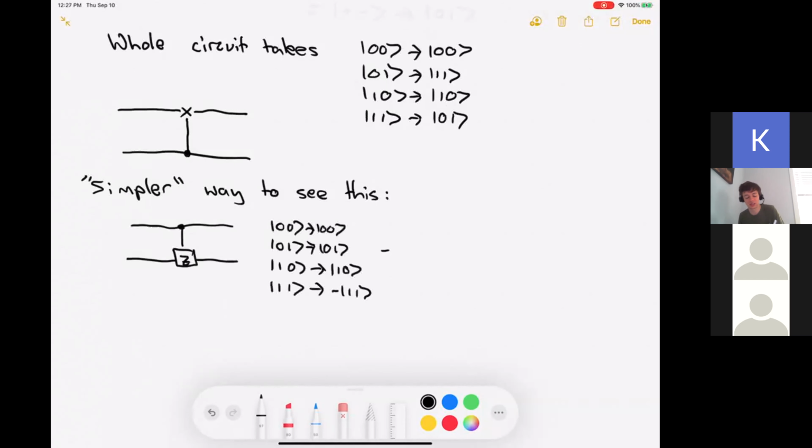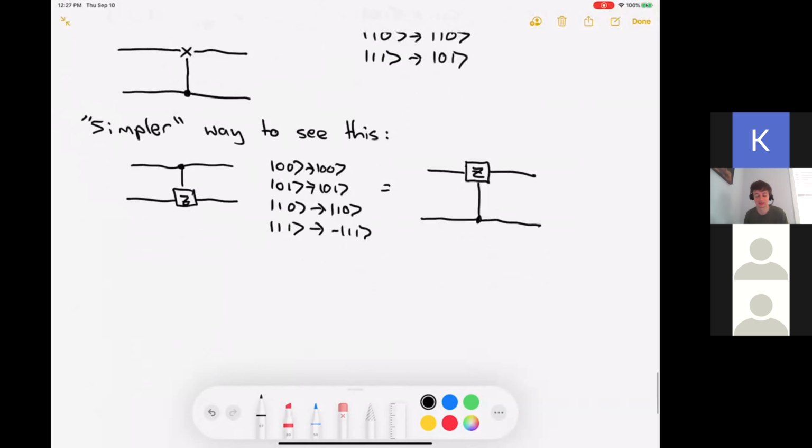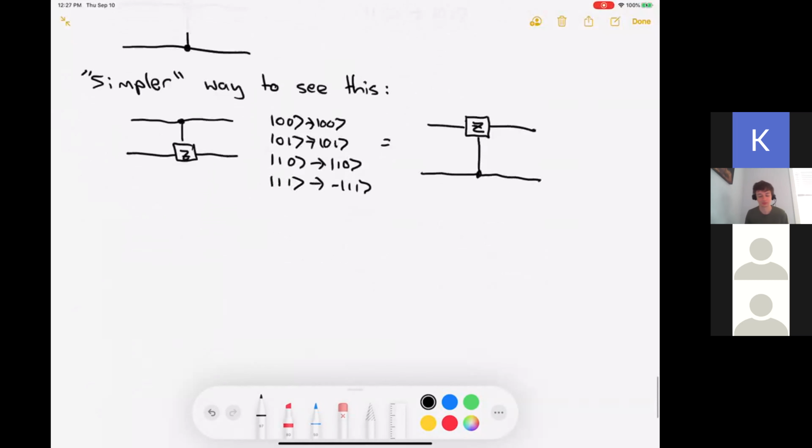Anyone notice anything about this? Well, I'll just say it. This is exactly the same operator as a controlled Z gate, where the control qubit is the bottom and the target qubit is the top.